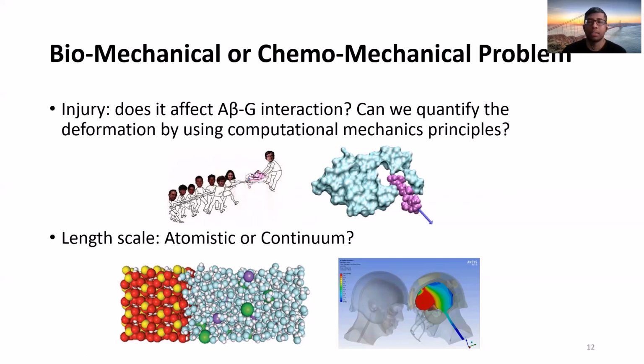In order to calculate the deformation, stress and strain, we use computational mechanics inside the molecular dynamics simulation tool. And we also want to make sure whether our length scale is atomistic or continuum. If our length is too large, probably molecular dynamics simulation is not suitable for us. Probably we have to model it at continuum scale.